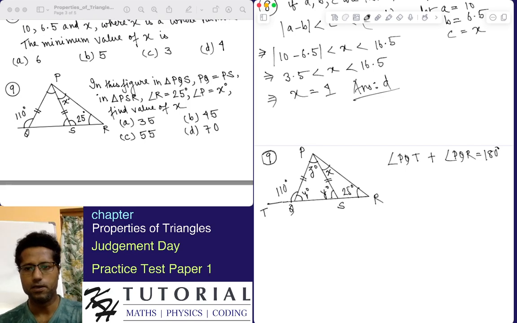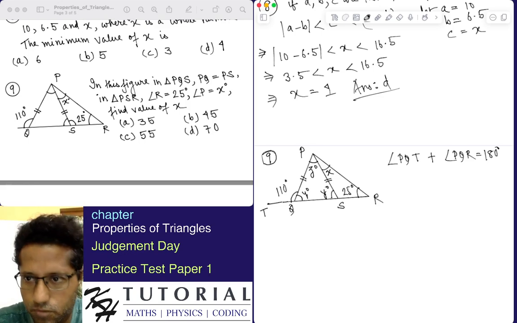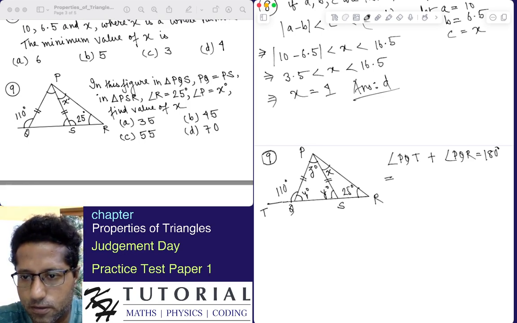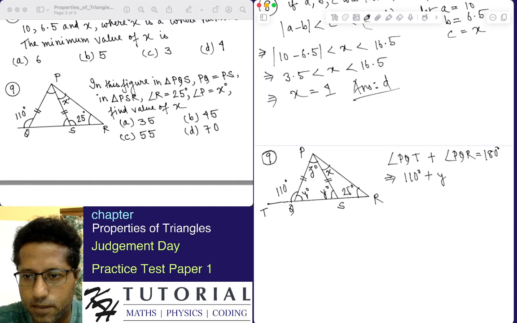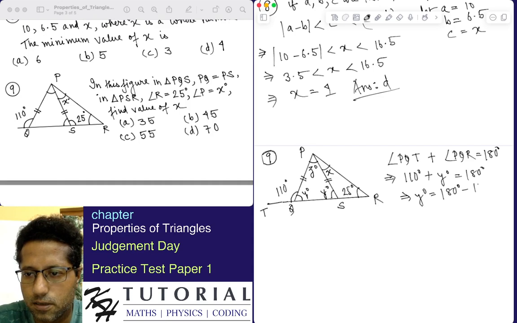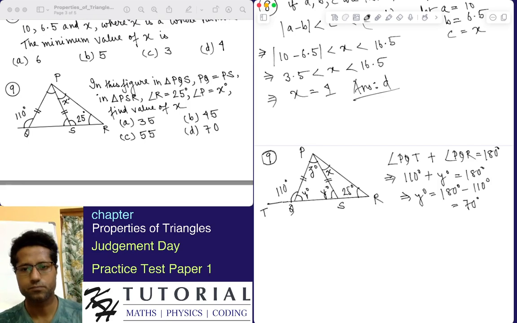The angle PQT, which is given to be 110 degree, plus the angle PQR, they lie on the same side of the line TR, at the same point Q. So their sum should be equal to 180 degree. So PQT is given to be 110 degree plus PQR, which we have marked as y degree, equals 180 degree. So y degree is equal to 180 degree minus 110 degree. This is 70 degree. So y is 70 degree.